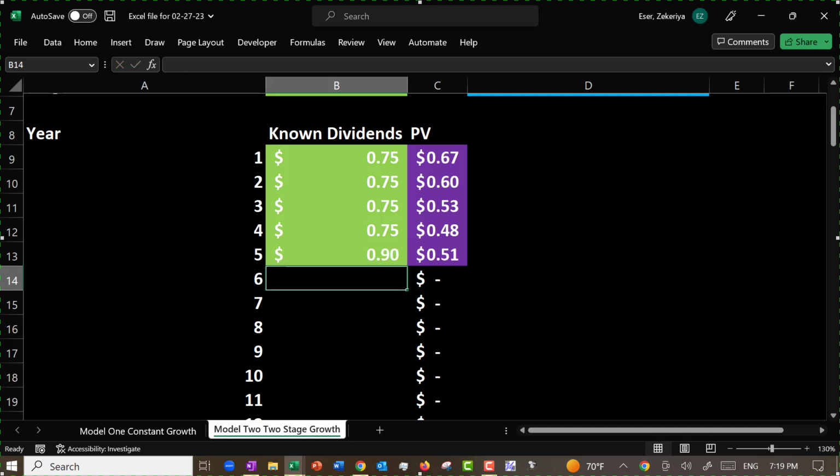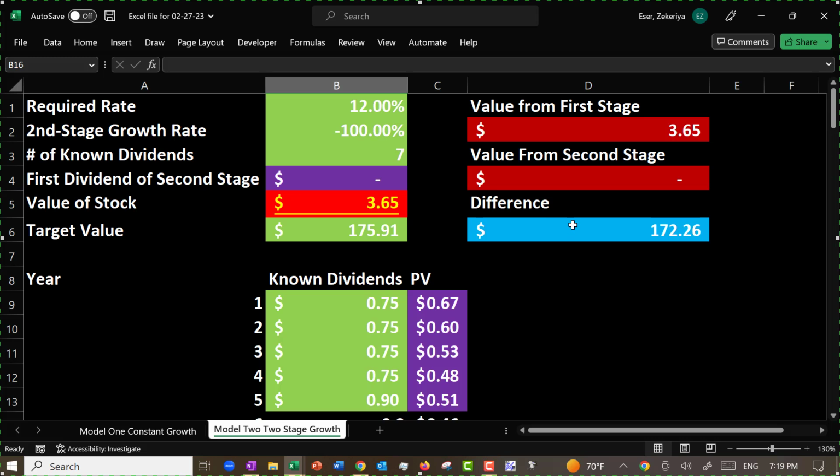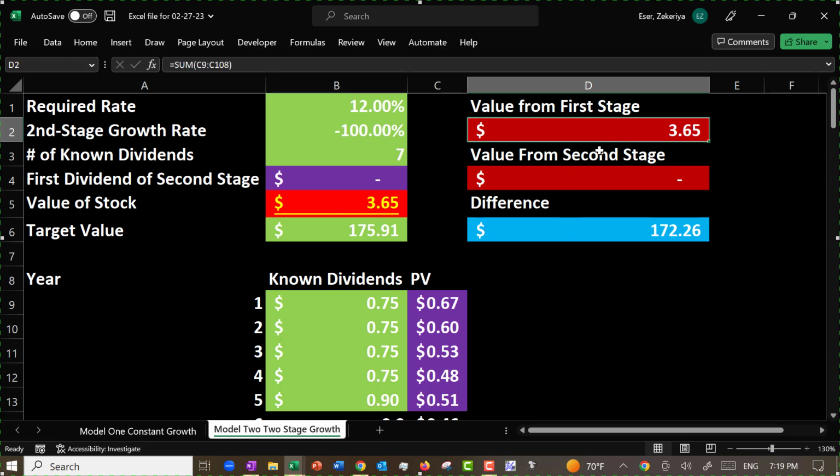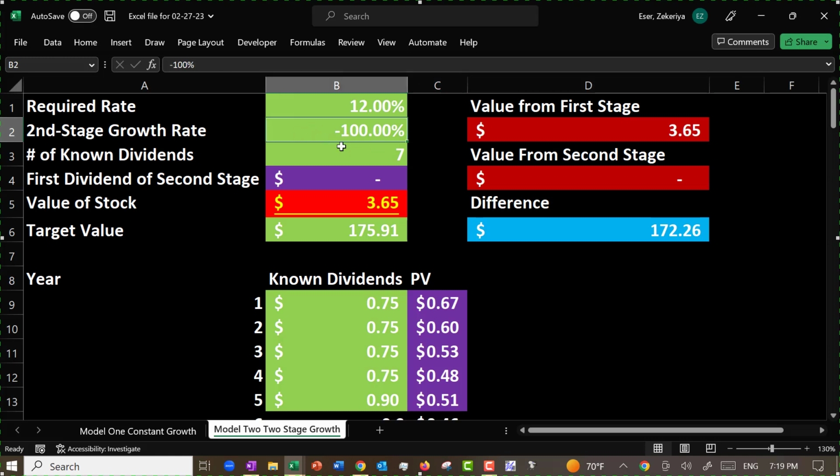Value from the first stage. I mean, since I entered the negative 100%, which means they go down to 0 and stay there, obviously the value of the stock is the same as the first stage. These templates are rather useful as long as you know what goes where.